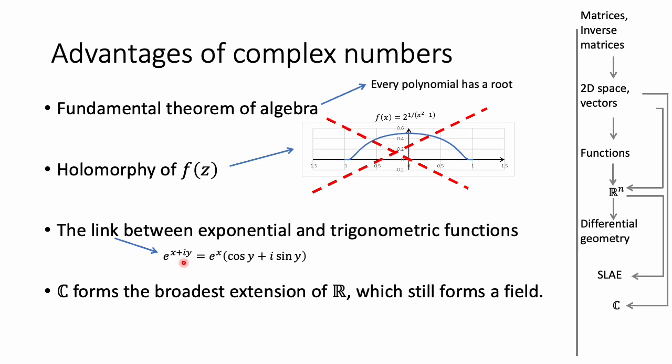So this is one of the formulae that he derived, and it says that the number e, which is also named after him because his surname starts with e, so this number e raised to the power x plus iy can be represented as a product of an exponential function and a trigonometric function of different arguments.